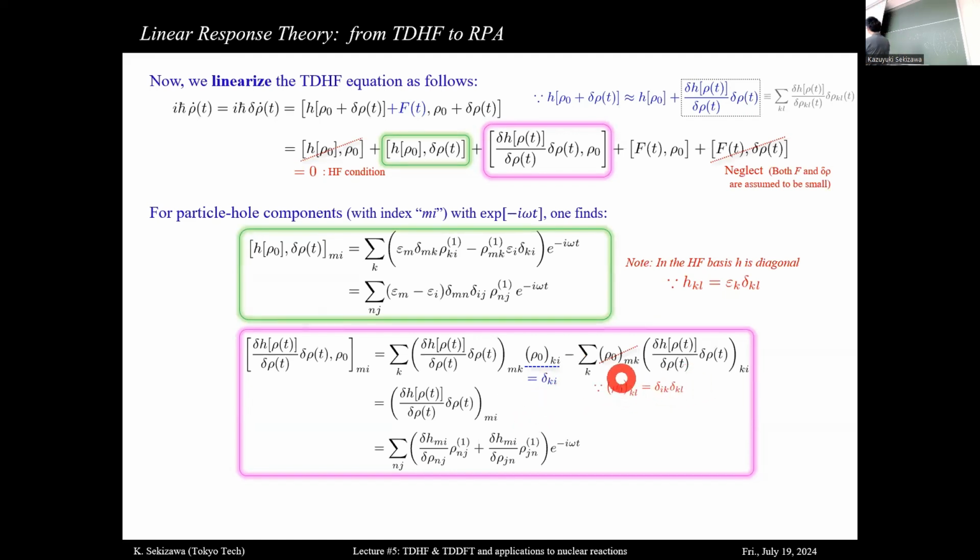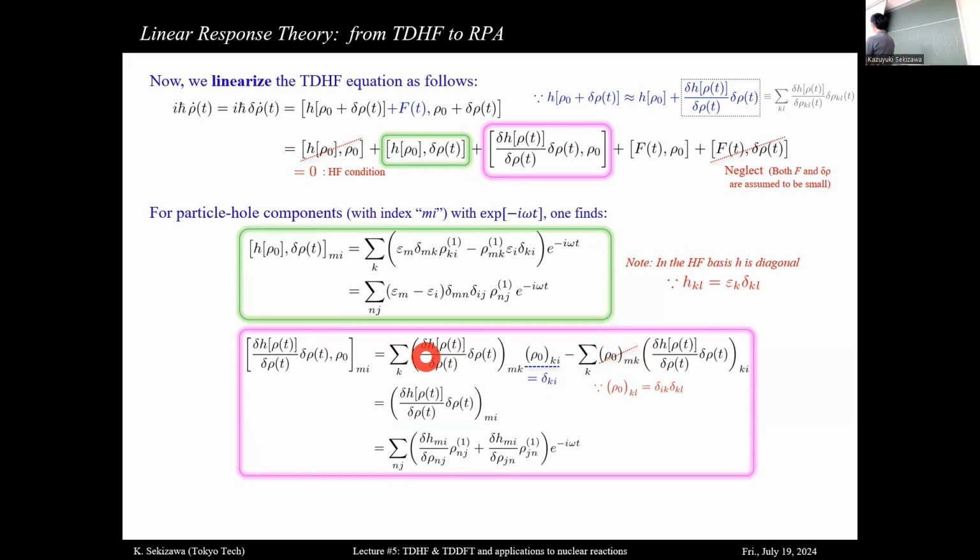And similarly, you can see that this part indicates the rho zero particle-k component. But as I mentioned, this rho zero, the one-body density matrix, has only hole components. So this second term vanishes. So the second term is zero because of this particle component. This is zero already.